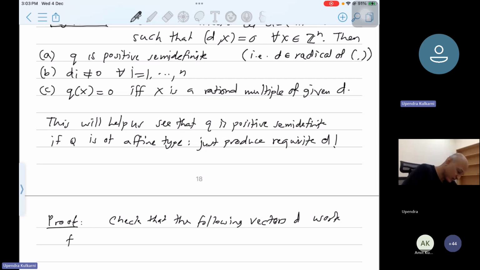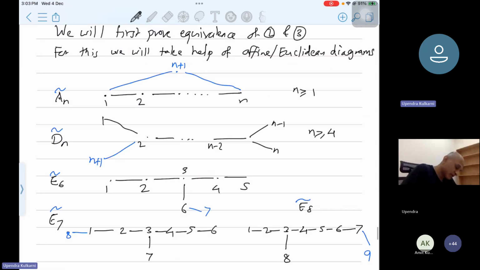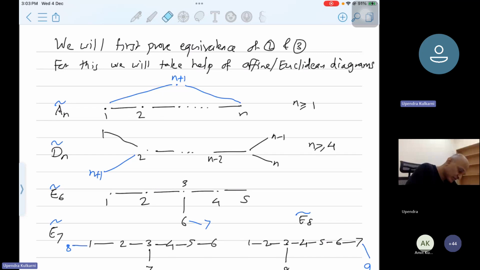This is not the proof of the lemma, but specifically follow for affine type, and I don't want to spend a whole lot of time on this. I'm just going to change these, so now these are going to be the labels of these.